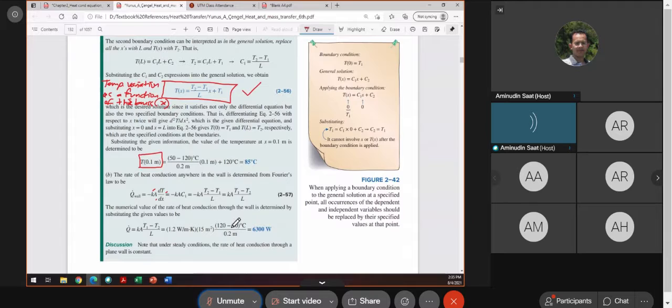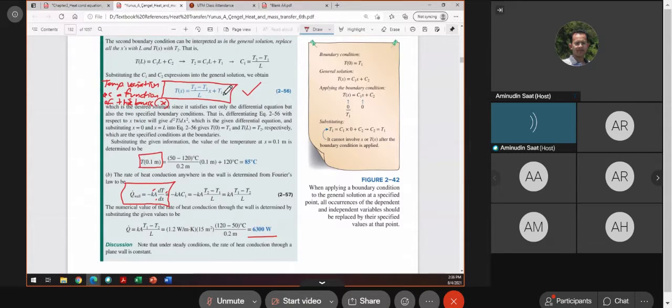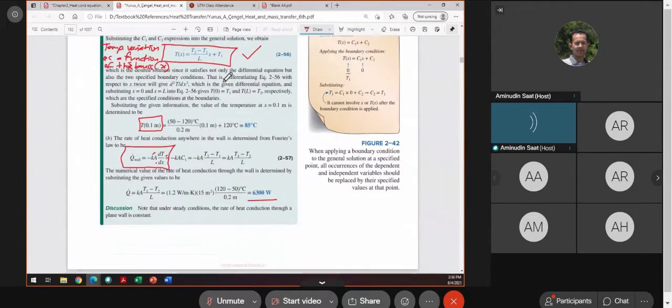So basically this is the general heat conduction equation. From here you can find the value of the parameter, and you can get the 6300 watt. So that is the first example.